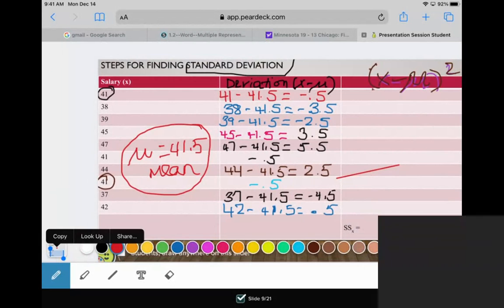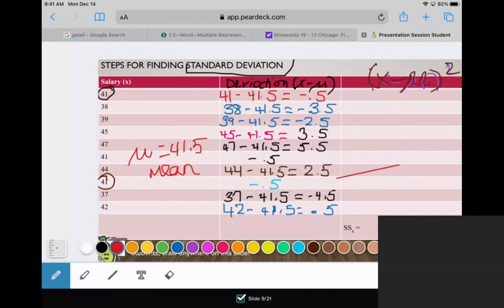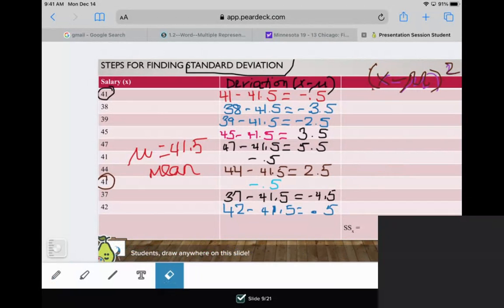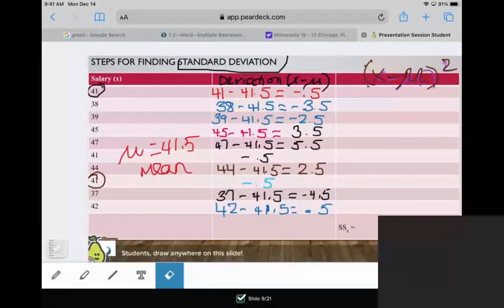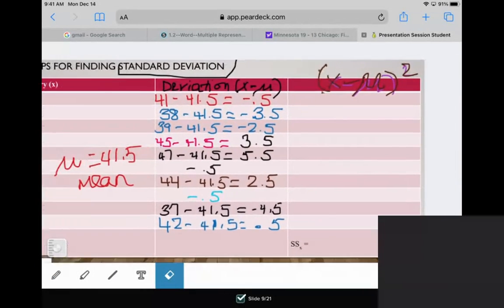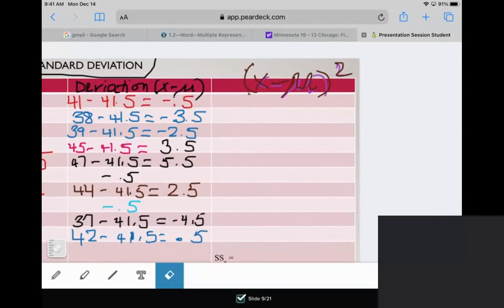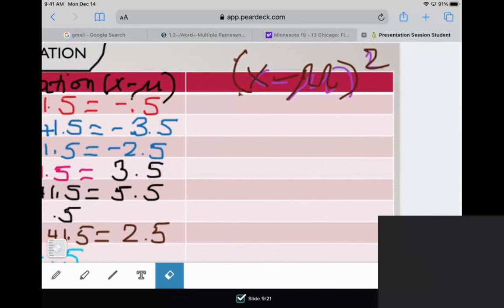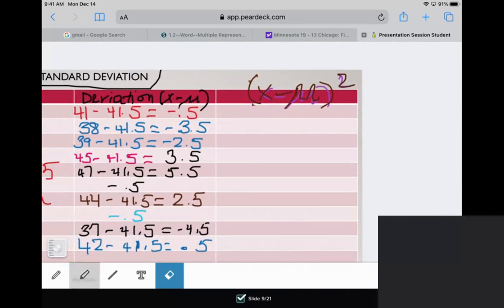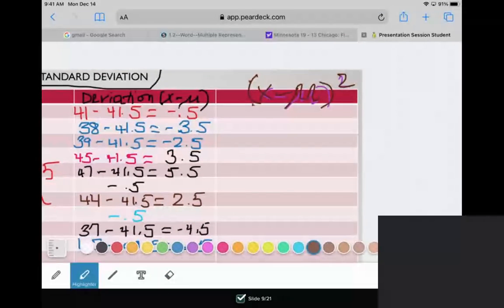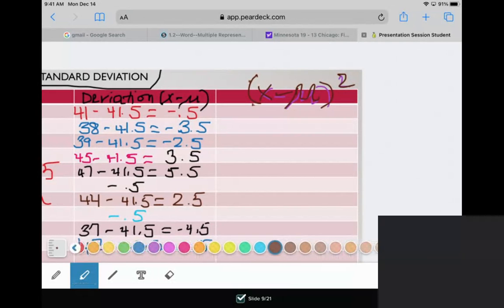Okay. Whoops, I don't need this line. Okay, so the next column is that we're going to square the deviation. What does that mean? Look at the values that are given to you, these values.